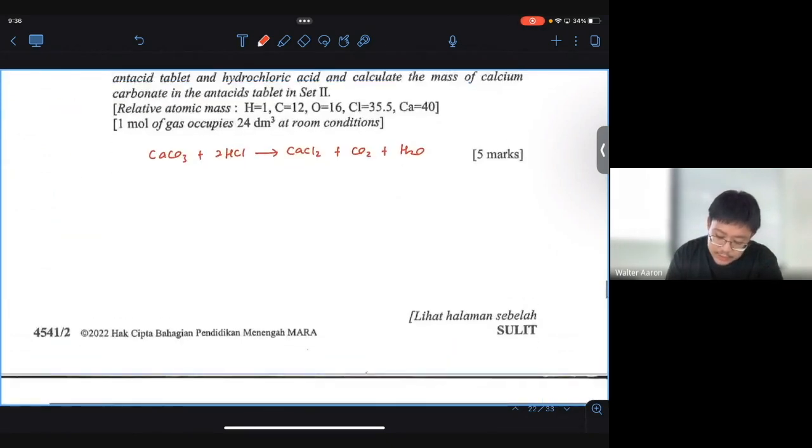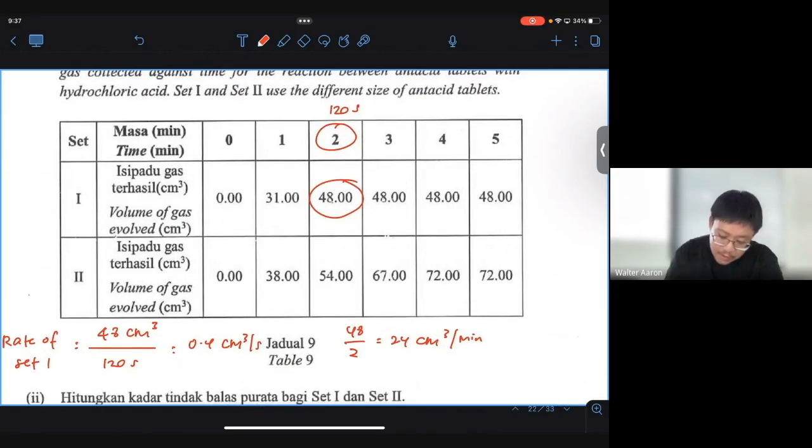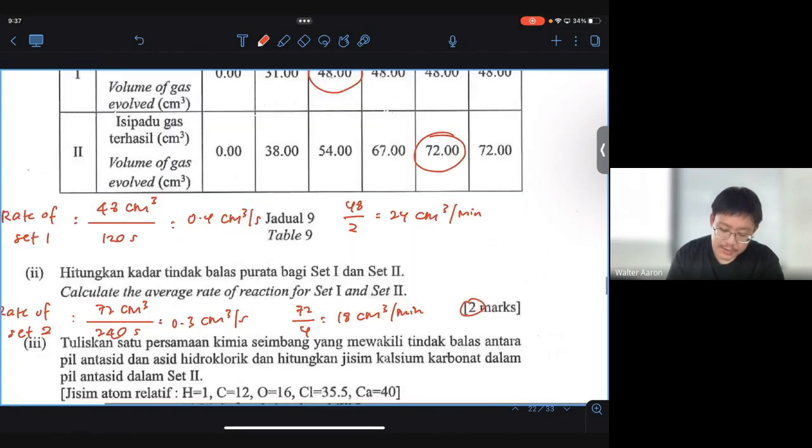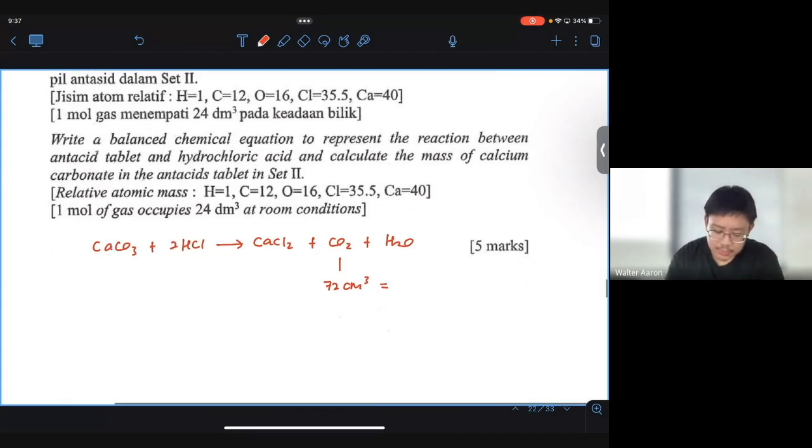So what happened here is, for set number 2, the maximum volume of gas released is 72 cm cubed, right? That's the end of the reaction. So right now, the amount of CO2 produced will be 72 cm cubed, which I'm going to convert into dm cubed first, because I want to calculate the number of moles.